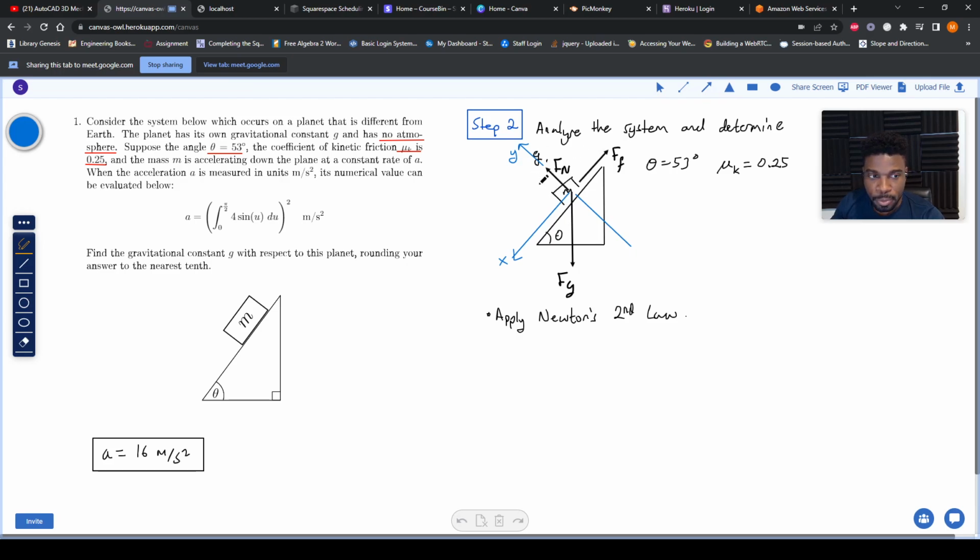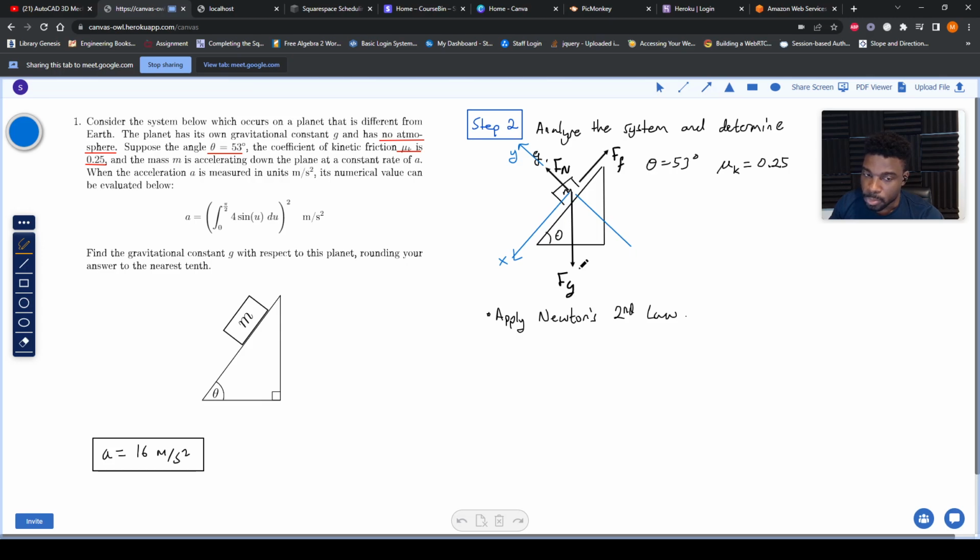So we have our normal force aligned with the y direction, whereas our frictional force is aligned in the opposite direction of the x-axis, right? So it's going in the negative x direction. So the only force remaining here that's at an angle is our gravitational force.